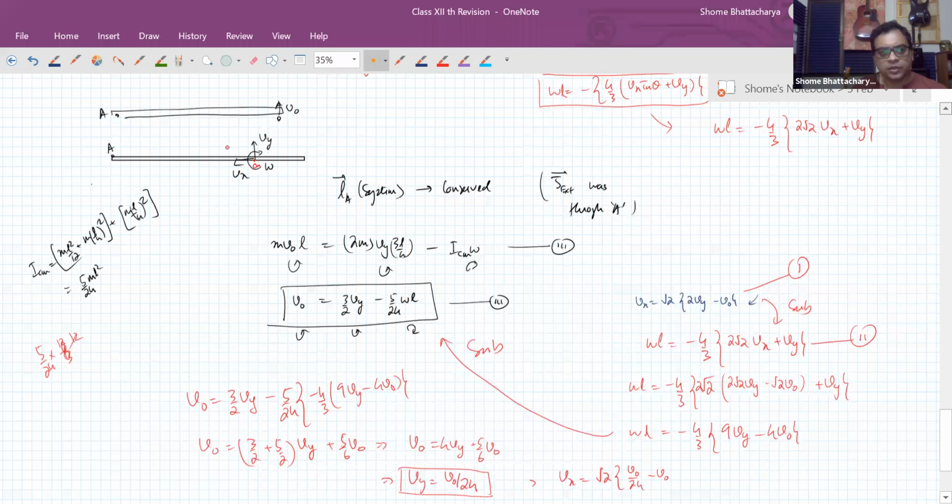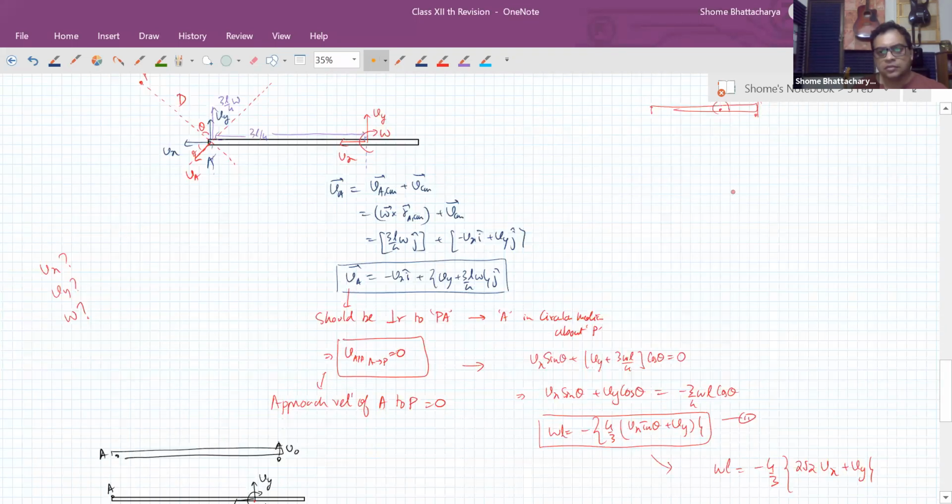Approach velocity को 0 किया ना? Okay, good. So actually क्या हो रहा है? This is showing me that omega is negative ना? So if omega is negative, that means omega ऐसा है. Okay, so my Vy is like this, Vx is like this, and my 3L by 4 omega term is like this.